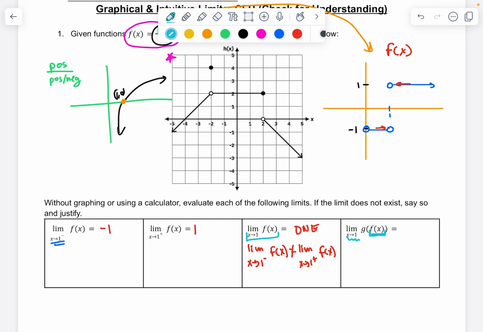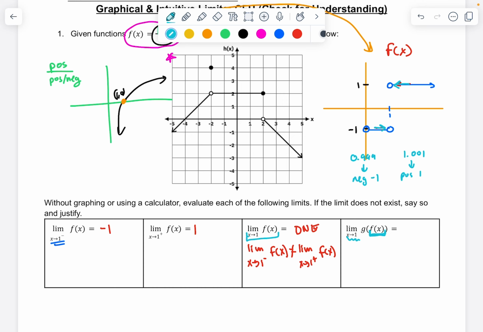As it gets close to 1 from above, say like 1.001, then we're getting close to +1. As x gets close to 1 from below, say like 0.999 as our inputs, well, f is -1 the whole time, but you can say it's getting close to -1.